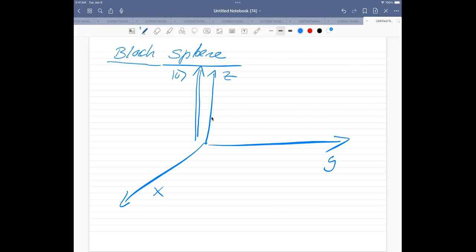When you look at the action of the Z matrix, you could think of the computational basis state 0 as a projection along the Z-axis pointing upwards. You could think of that as the north pole. And then the other state, our 1 state, points downward to the south pole.